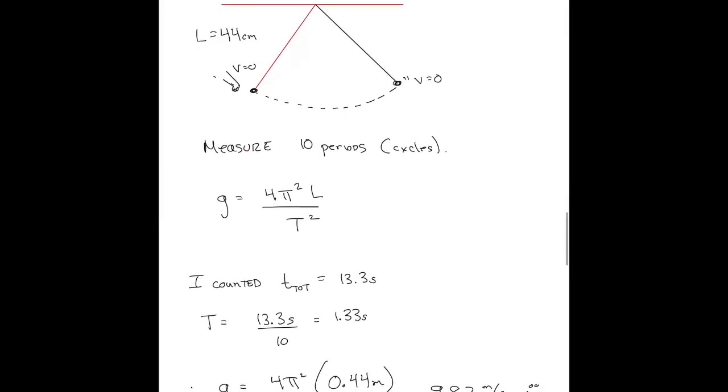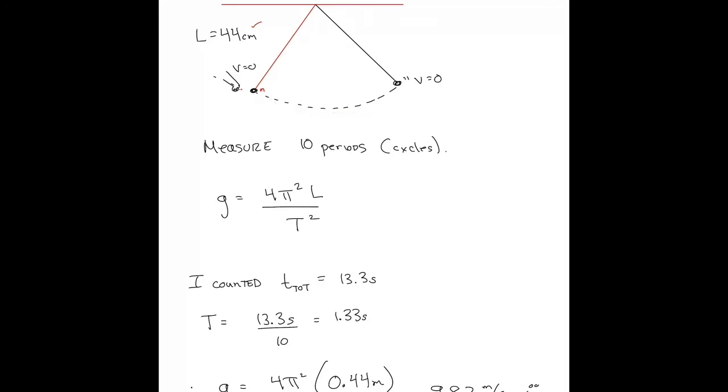All right, so I'm going to show you a video. There's a little pendulum bob. L is the length of the string, so it's about 44 centimeters. It's released here from rest, and this thing's going to swing back and forth. Again, it wouldn't be very precise to just measure one cycle. You're going to measure 10: 1, 2, 3, 4, and so on.